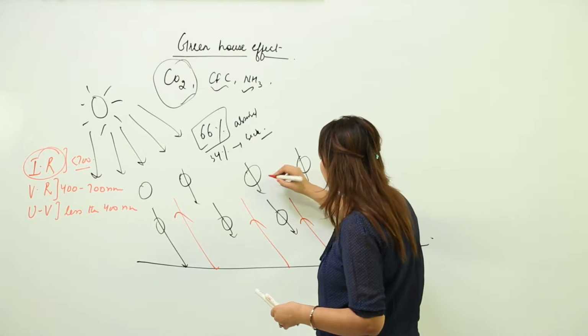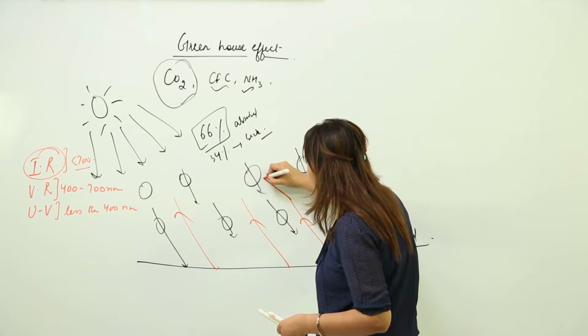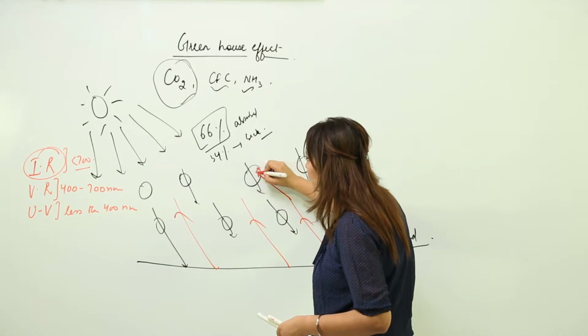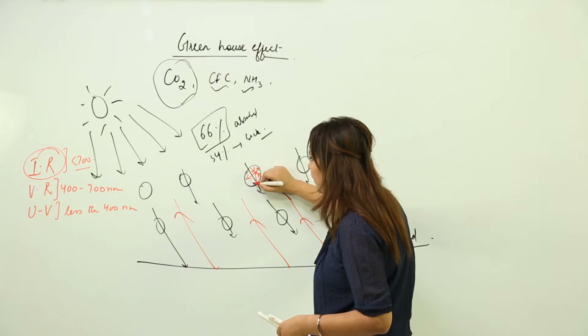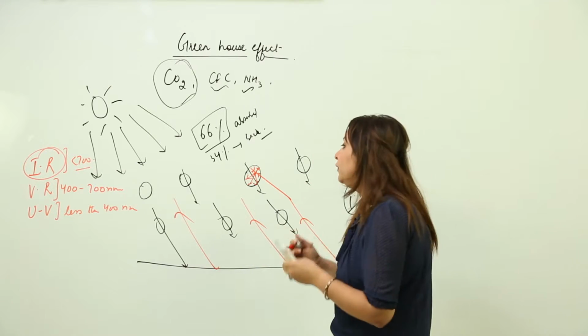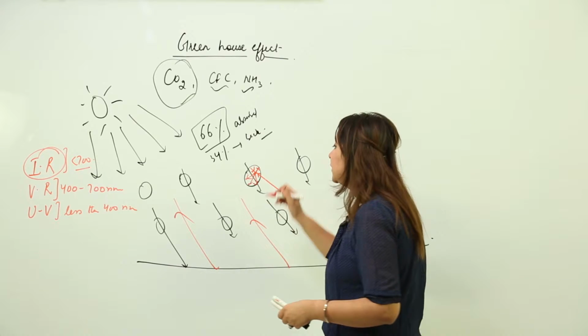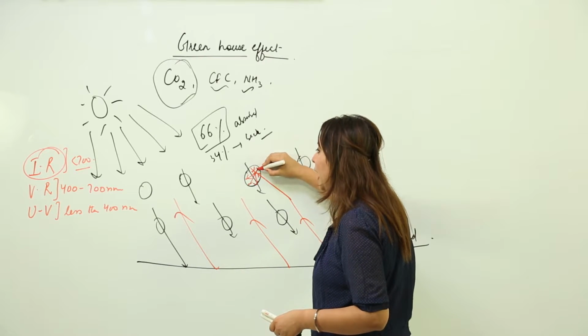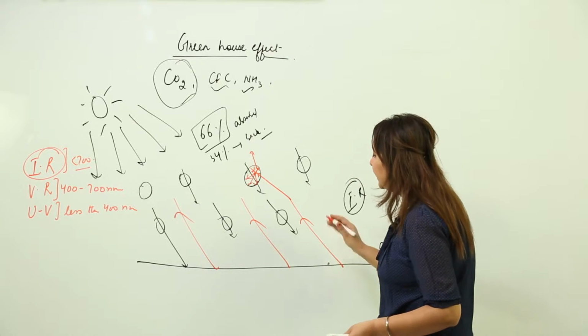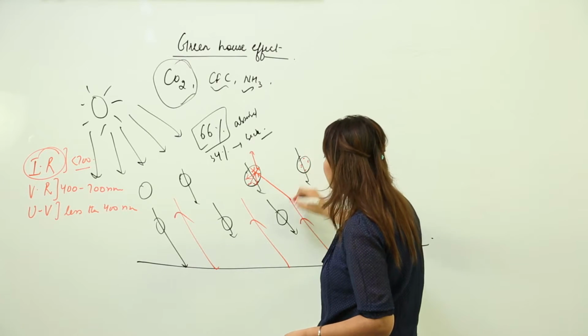So these CO2 molecules allow these radiations to enter, but they undergo several reflections and their wavelength increases up to a certain level. And when it has increased, the molecules don't allow these radiations to pass out again. That means these radiations get trapped in these molecules.